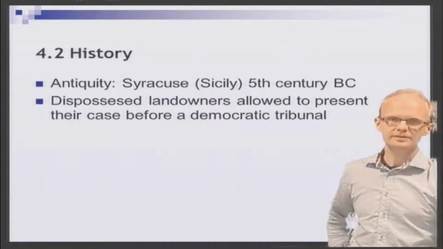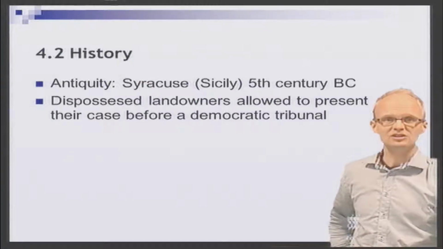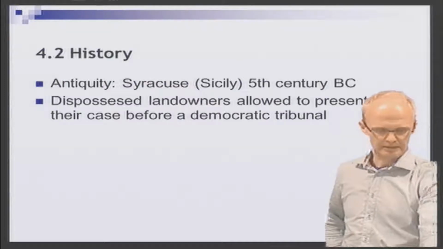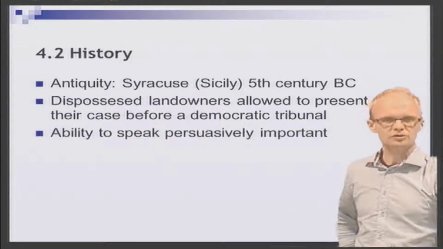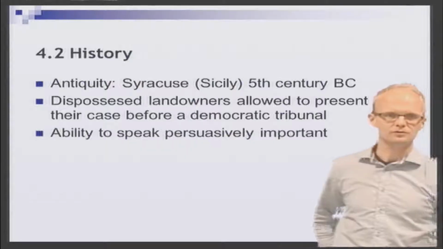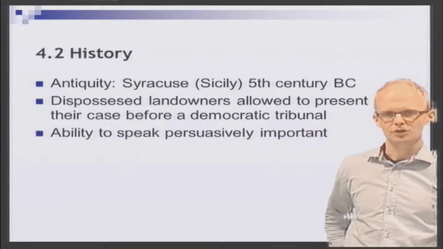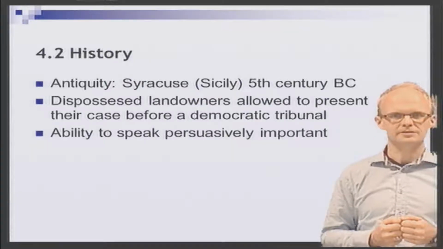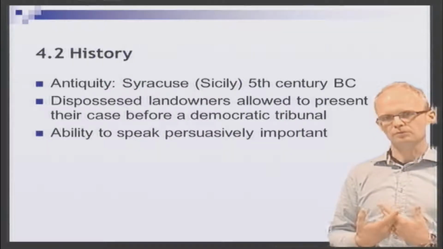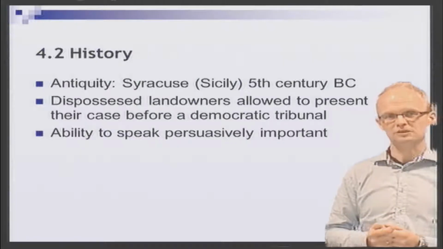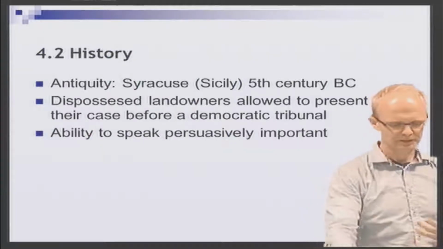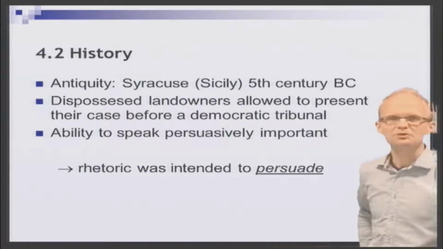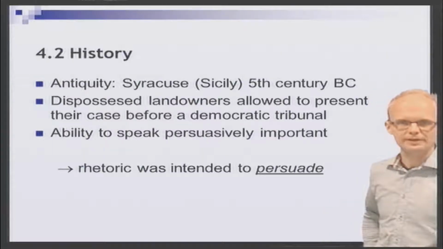And if they presented their case well, they would get the opportunity to get their land back. So what they did was to hire philosophers who were good at speaking and good at persuading to help them improve so that they could speak their case. So the essence of this was, of course, that it had to do with persuasion. Rhetoric was intended to persuade.